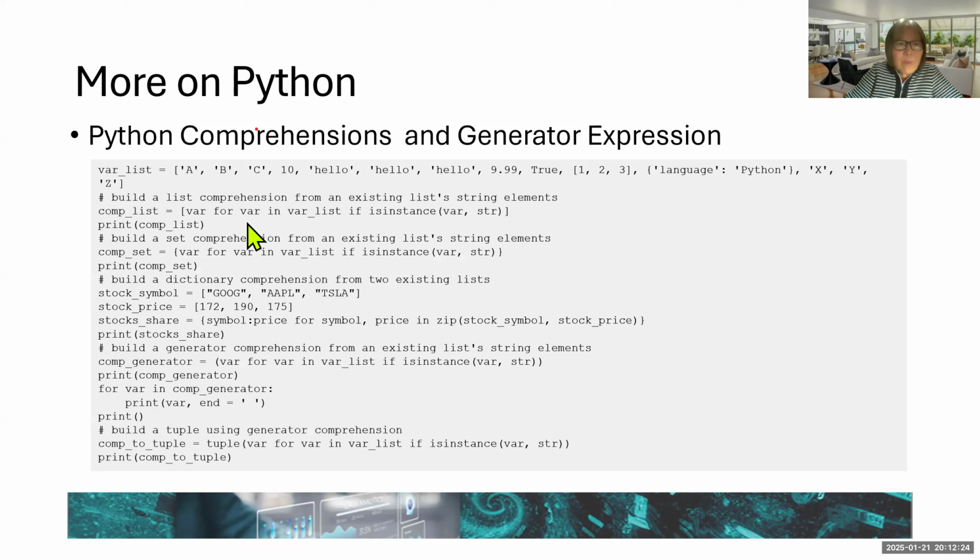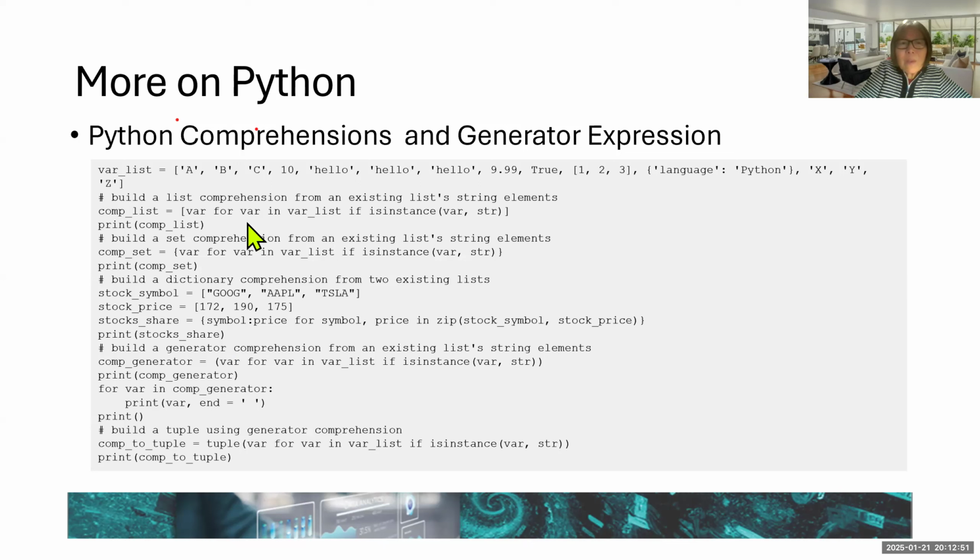Okay, let's take a look at an example. Then you will see how efficient and concise the code is. First, look at this list. It has 3 strings and then an integer, then another 3 strings and a floating number, a Boolean value, a list, a dictionary, and then 3 more strings.